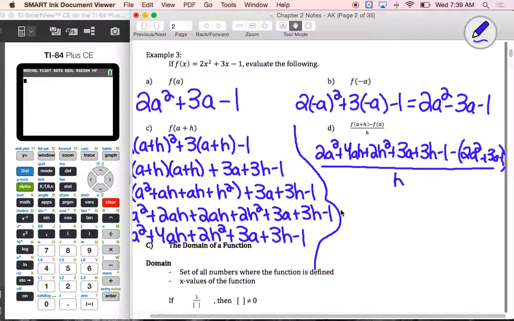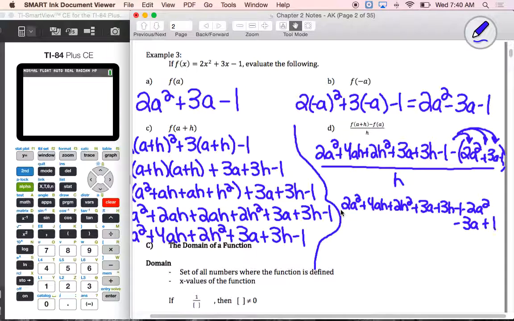So now on top, you have to distribute that negative through to each of your parts. So when I do that, then we've got my whole slew again. And again, that's all over h.